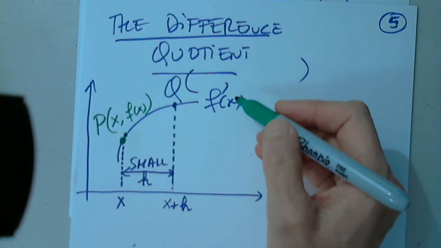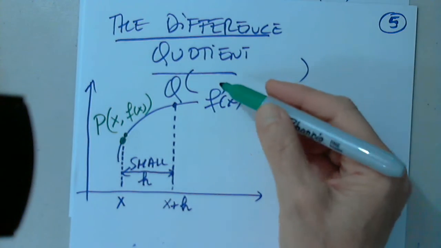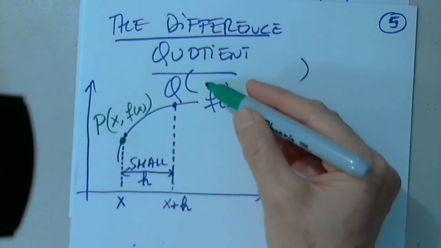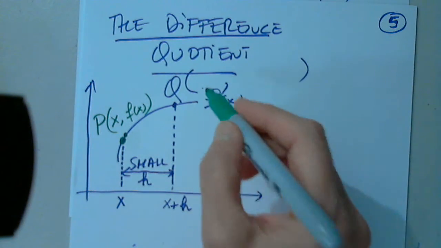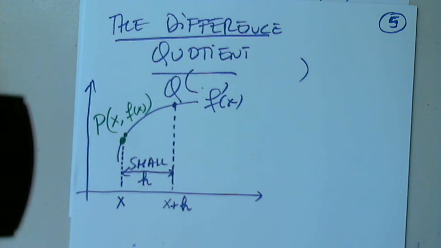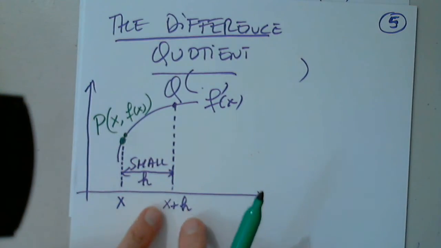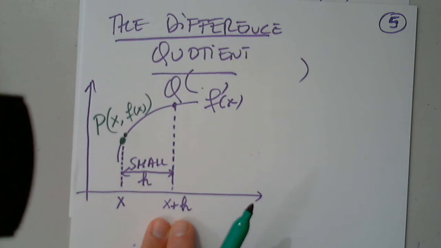Everything is the same. Can anyone give us the x coordinate of Q? X2. The x coordinate of Q. X plus H. That's it.